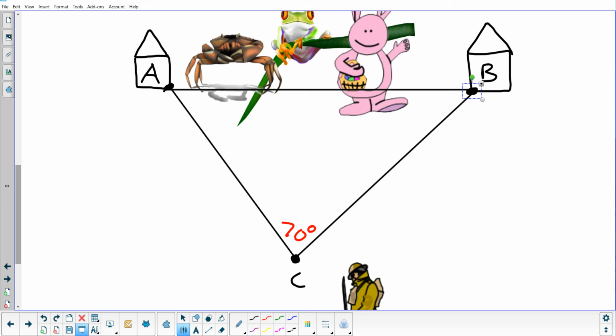We can measure that because we're staying far away from those creatures. And what about the distance the other way? 70. Okay. So this is a side angle side triangle, and we're solving for the third side. Let's call it x.